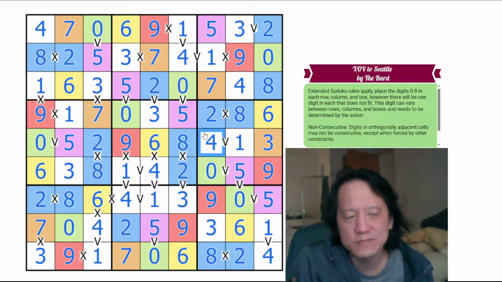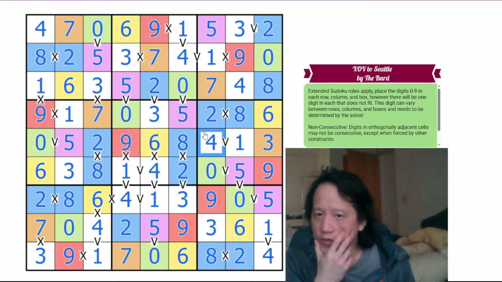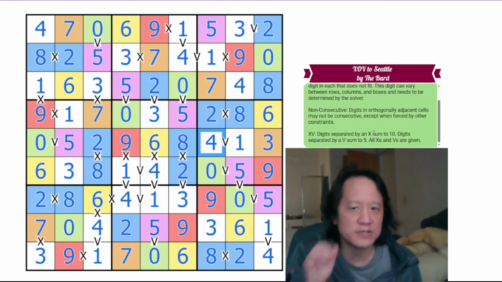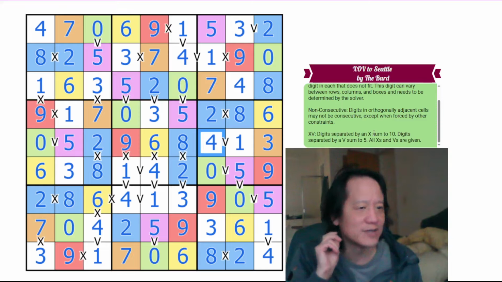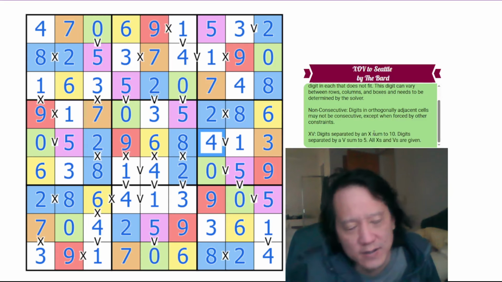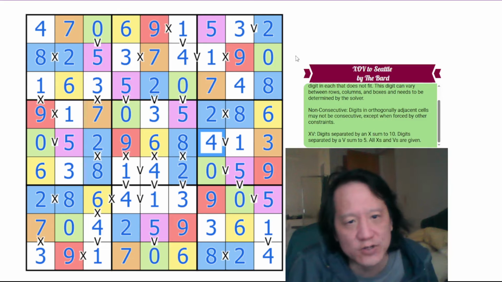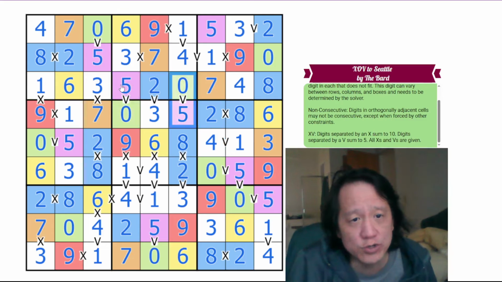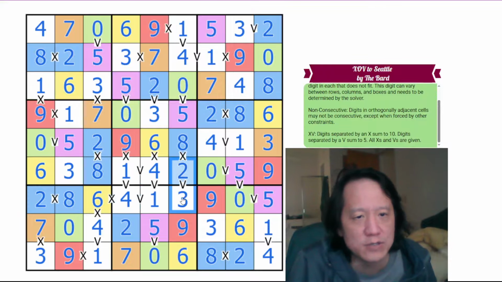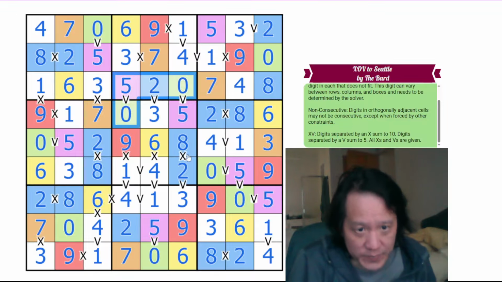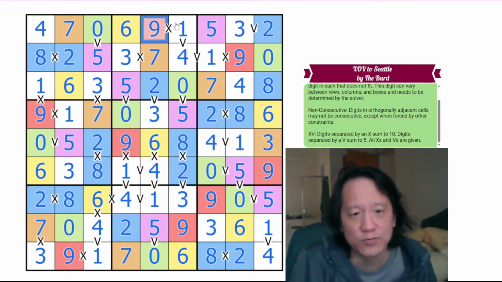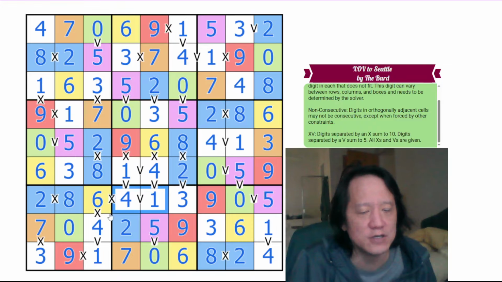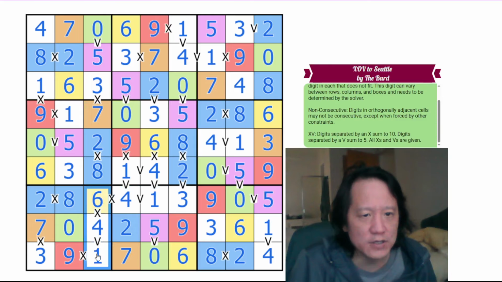I would prefer that the non-consecutive rule set be basically saying two adjacent cells cannot be consecutive except if they are next to a V. Because you are still restricted in where the 2s and the 3s can be, right? Because this must be next to an X, so it has to be 1 through 4 next to a 6 through 9. This has to be next to an X, so that also must be 1 through 4, 6 through 9. Same with these, same with these, etc., etc.